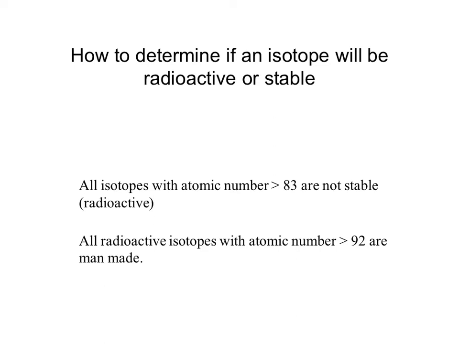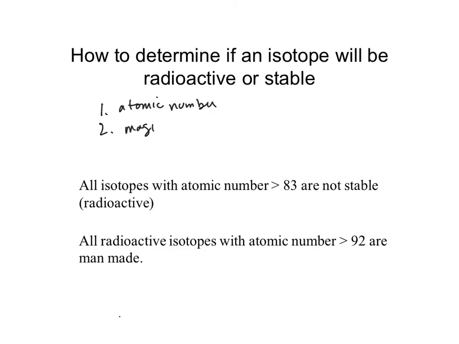All right, so this topic has to do with determining whether an element or an isotope is radioactive or stable. And we're going to be looking at 4 criteria here. I'm going to make a list of them. And the first one is on this slide. We're going to look at the atomic number of the element or the isotope. Probably should be using the word isotope here.